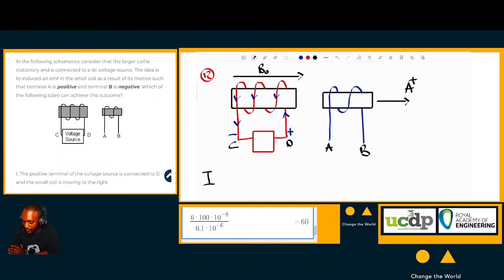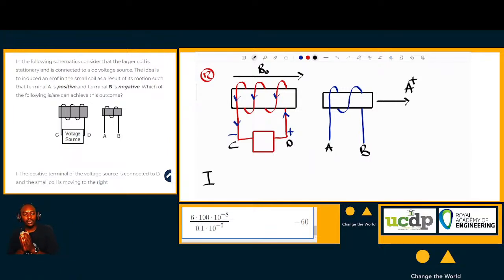So could it be that A will be a positive terminal which will repel the positive terminal of the left coil? Okay, but we're not yet there. I want to take you step by step. Listen to my question. The question actually says we want to induce a magnetic field in the coil on the right.